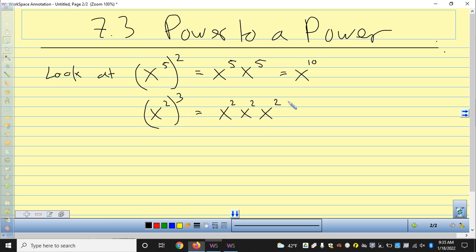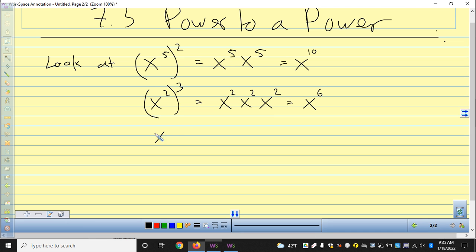Well, now we're just multiplying things with the exponents. So we add the exponents. This is x to the 2 plus 2 plus 2, which is 6. All right, can we kind of see what's going on there? Let's look at one more just to be sure.